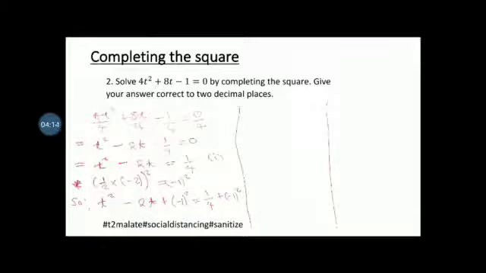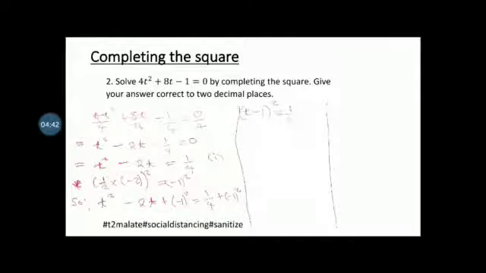So now this term here again, we get the t without the square. We're just going to have t. We get what we added from this stage here, the half of the coefficient of t, without the square as well. So you have 1 there. Then we square these together in one bracket. So t plus 1 squared is equal to 1 over 4.